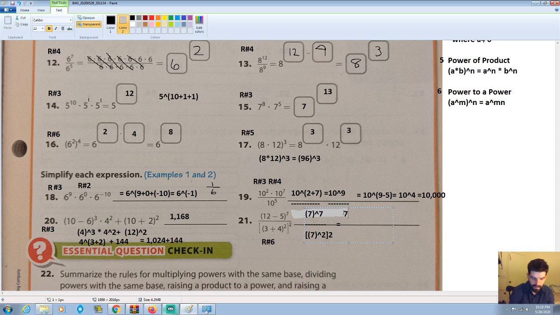That's going to be equal to 7 to the 7th power over 7 to the 2 times 2 power. And that's going to be equal to 7 to the 7th power over 7 to the 4th.